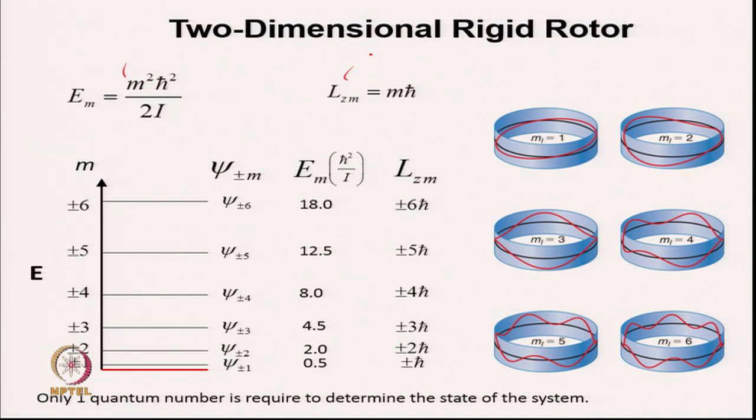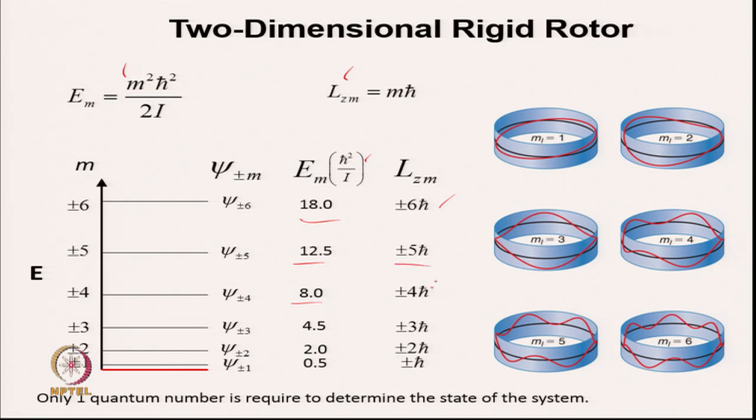So, for a two-dimensional rigid rotor, we have one quantum number, that is m. Your angular momentum is given by this, and for different values of m, you have energy. So, for example, if you take 6, then this is 6 square h bar square by 2 I. So, 36 divided by 2 is 18 h bar square by I. Similarly, for 5 it will be 12.5 h bar square by I, and for 4 it will be 8 h bar square by I, and the Lz value is simply m h bar.